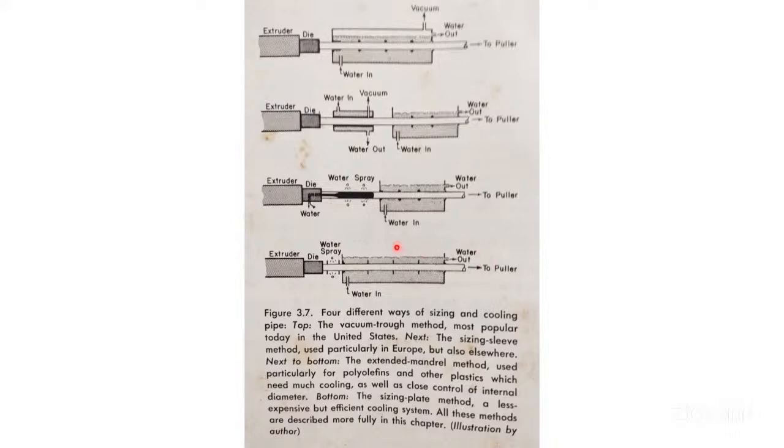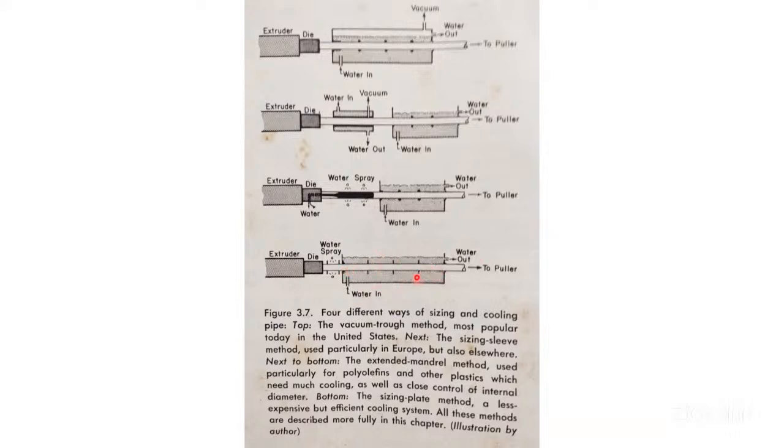You see here, in between the die and the cooling tank, there is a gap where the water gets sprayed from the outside. Because there may be a small size of pipe. And it is a less expensive method, friend.